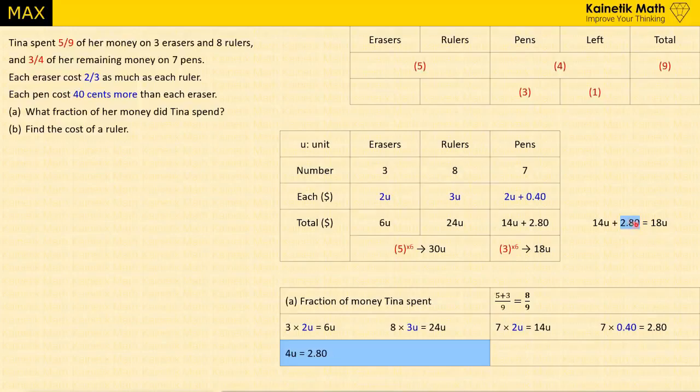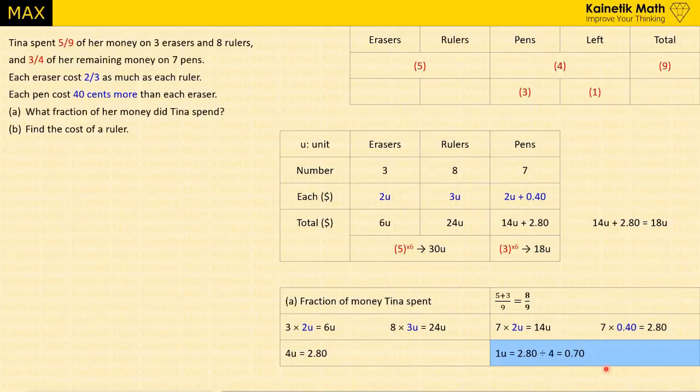Then of course, 4 units is what you want, right? Therefore, it means that 4 units equals $2.80. So once we get to this stage, we are almost done, right? Because we can then find out what is the value for 1 unit by taking 280 divided by 4. So that gives 70 cents.